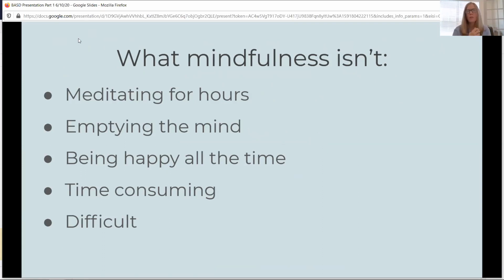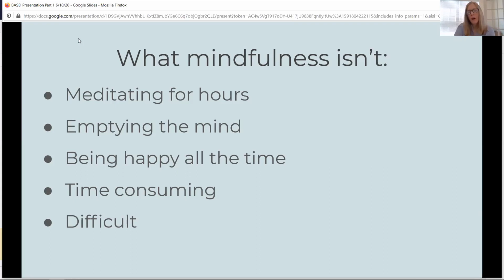I think of mindfulness as more of a way of life. You can live mindfully. You can insert mindfulness into your day every day. And meditation is more of an action. It's something that you can choose to do. You might do a mindfulness meditation, so it's more of an action than just a way of being.